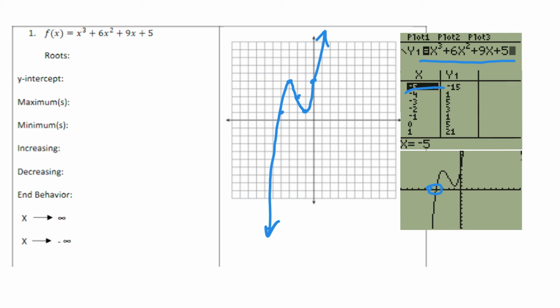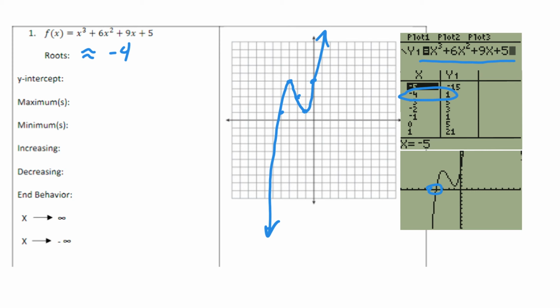We know that it is not exactly -4 because at -4, this is equal to 1, and at -5 it's equal to -15. So we have a root that is approximately -4. It's not exactly -4, it's approximately -4.